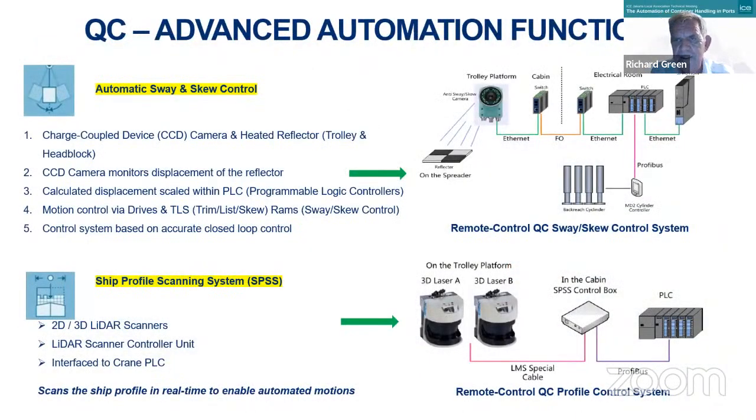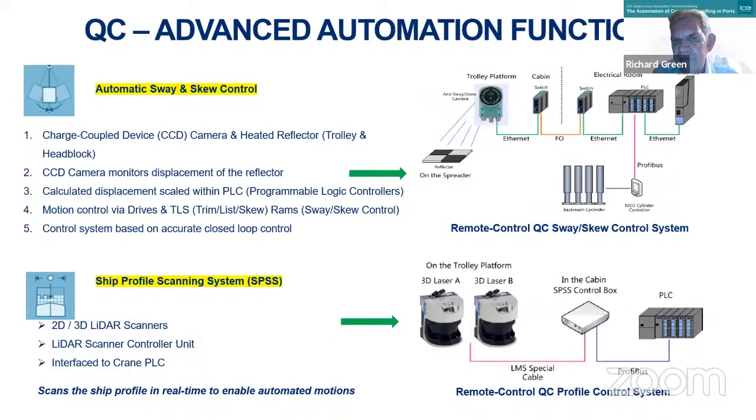Here's a slide that I have little understanding of. We've got automatic sway and skew control, and you can see the little drawing on the left-hand side, which indicates what it is, the container swinging around on the end of the cables. Charge couple device, camera and heated reflector, trolley, headlock.